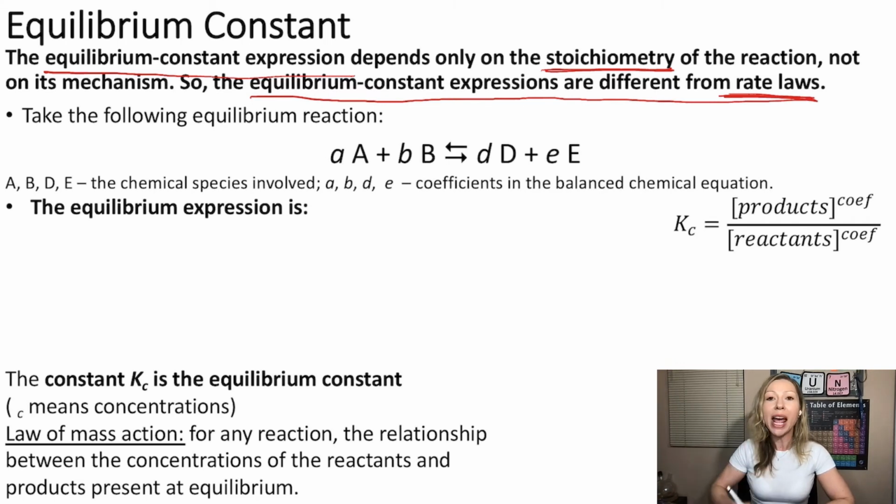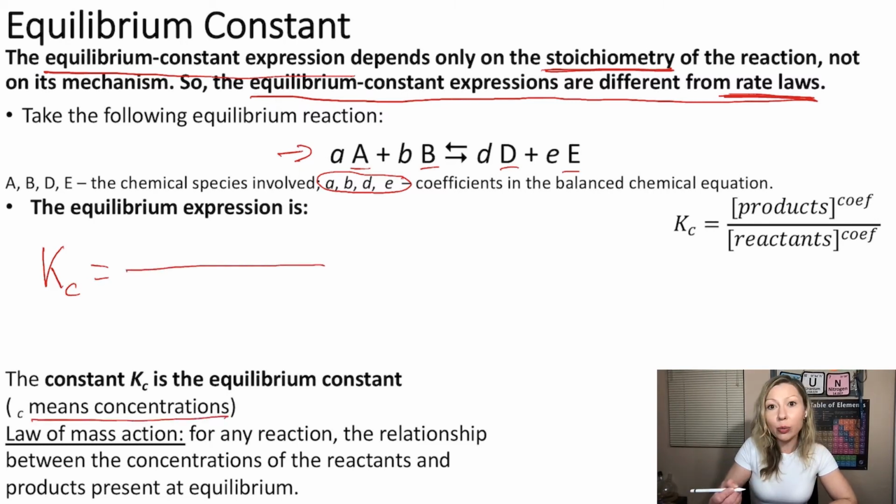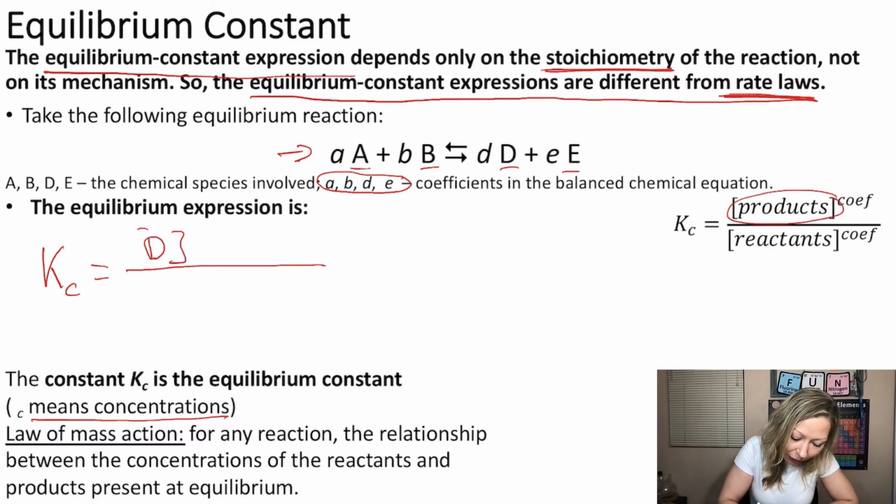Remember this very well. Let's take a look at this general reaction here where A and B are my reactants, D and E are my products, and I'm going to have these coefficients in the balanced chemical equation. The equilibrium expression is going to be the following. So K sub C, and the C just simply means concentrations, equals, in the numerator, we are going to have our products, so the concentration of D multiplied by the concentration of E, and I'm going to use the coefficients from the balanced equation as the exponents.